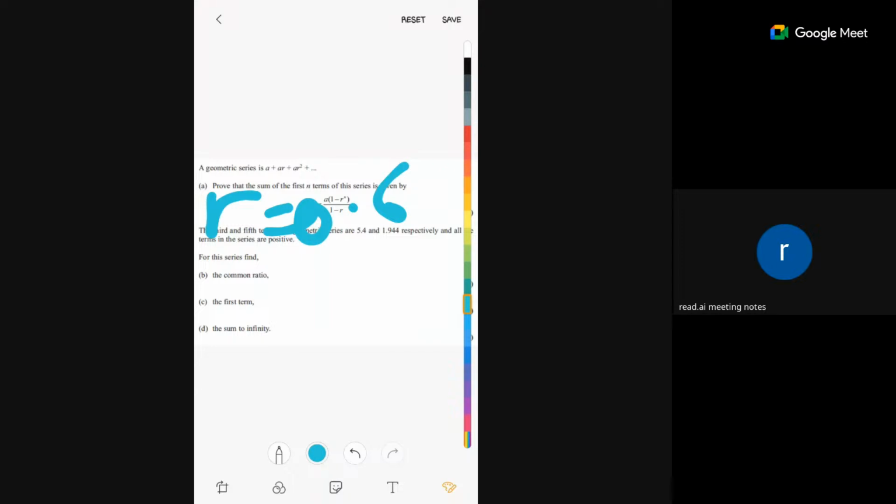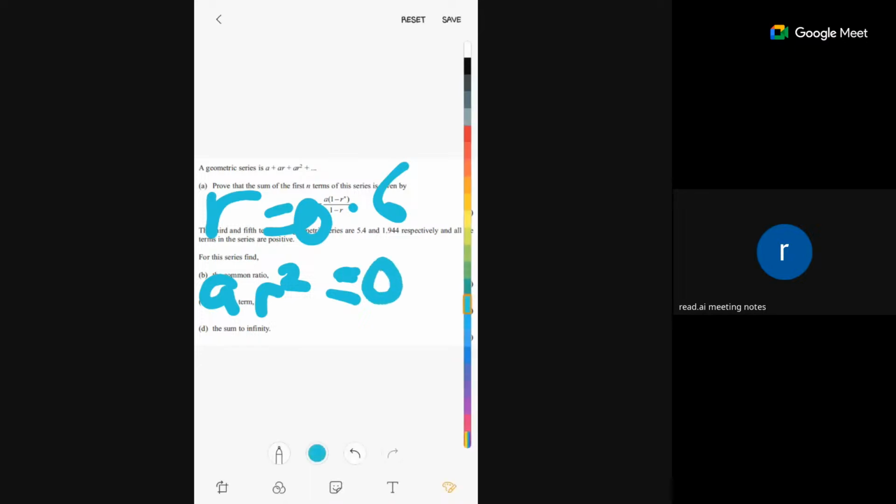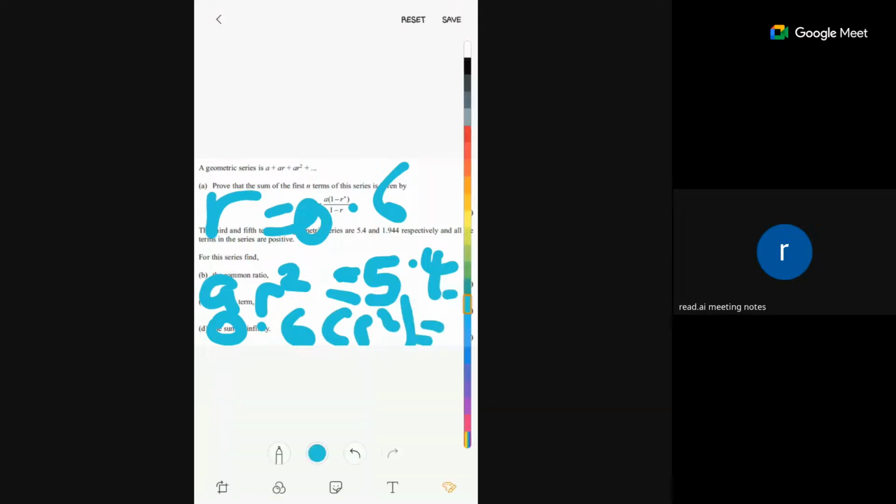I can use any of them. So I'm going to use the third term, ar square equals 5.4. So I know my r to be 0.6, then a into bracket r square equals 5.4.